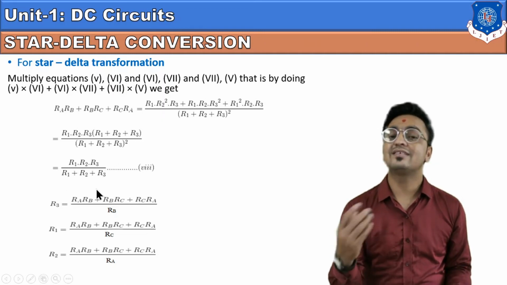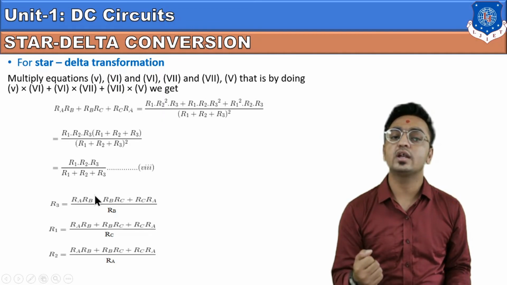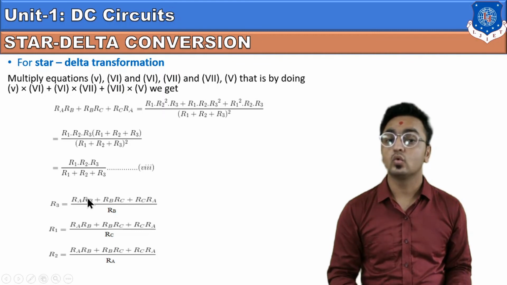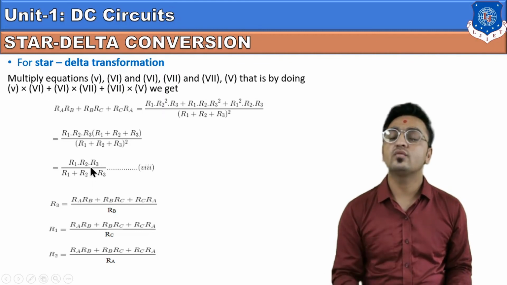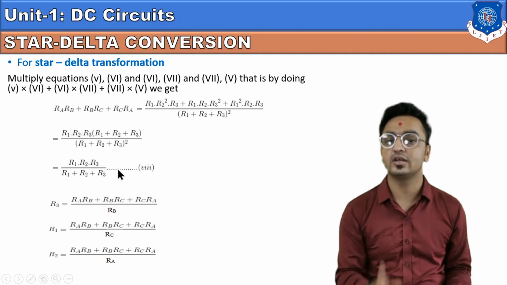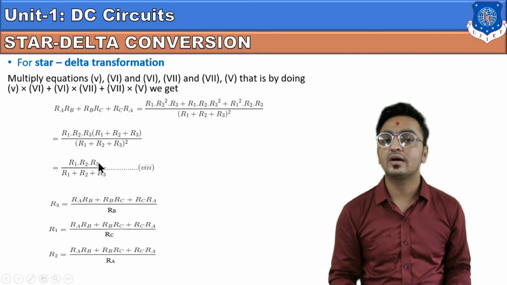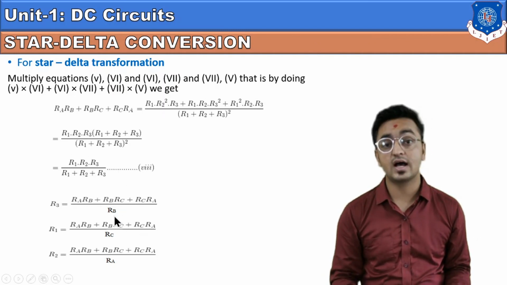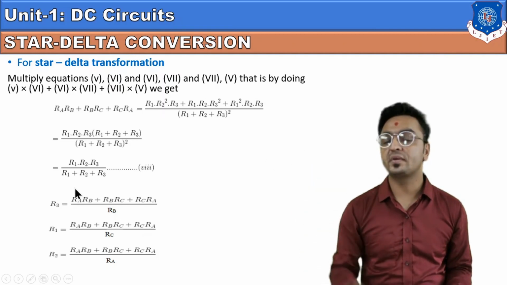Now let's say we want to find R1, R2 and R3. As an example, if you want to find R3, if you observe this equation and separate the R3 term, we have R1 into R2 divided by R1 plus R2 plus R3, and this is nothing but the value of Ra, which was derived previously.